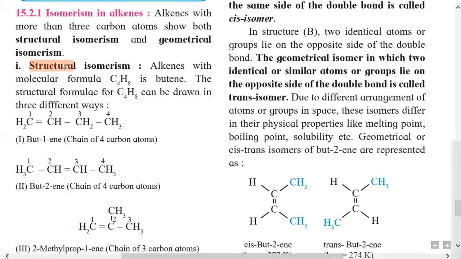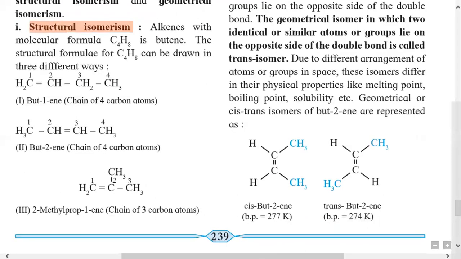The first type is structural isomerism, also called chain isomerism, because in this type of isomer the carbon chain nature is different, that is, the structure is different.